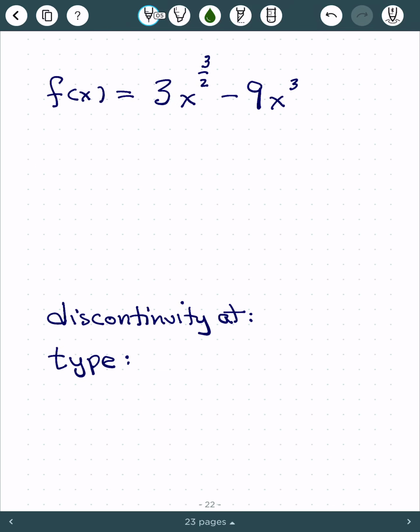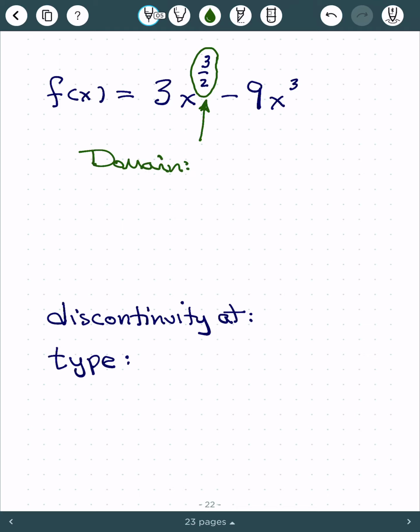All right, what about this one? So the first thing I want to look at is this exponent right here. So notice the 2 in the denominator of that fractional exponent. That's telling us that we are going to take the square root of what we get when we cube x. Well, we can only take square roots of numbers that are either positive or 0. So there's a domain restriction here.